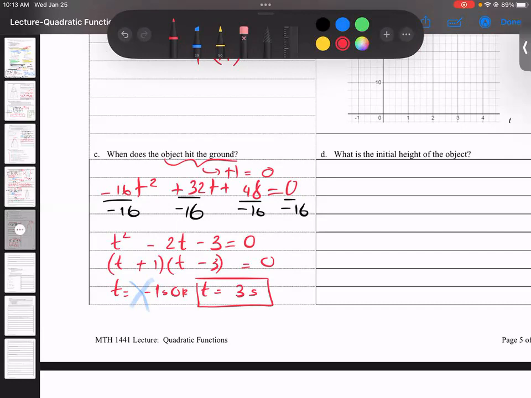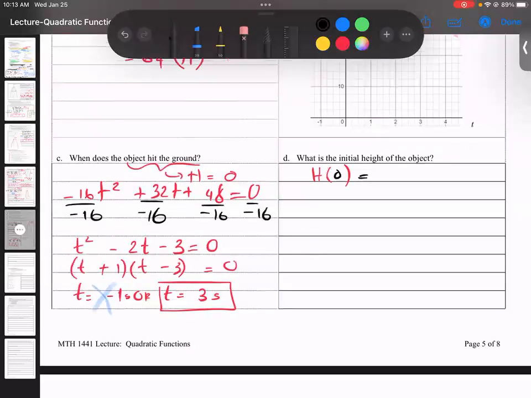What is the initial height of the object? Very good. How did you get that? Yeah, initial height means that's when you start, before you start throwing the ball, right? Time is 0. So that means h of 0. And then you plug in 0 everywhere.